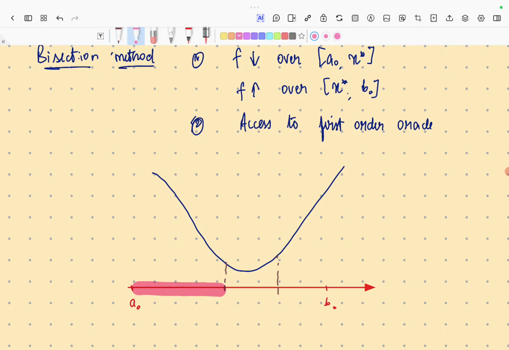So I can now eliminate this particular region and repeat. Take the point, maybe perhaps this is the point of minimum. So I can eliminate this region, and so on and so forth. You keep doing this.